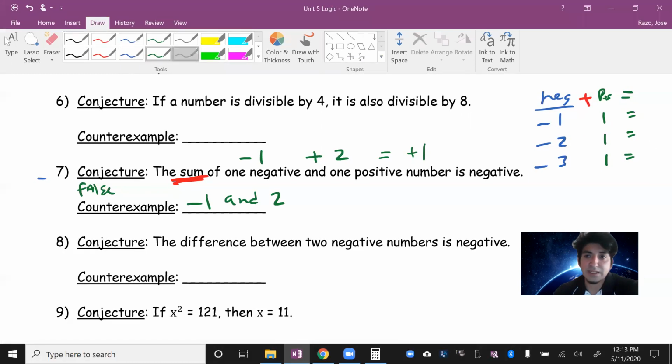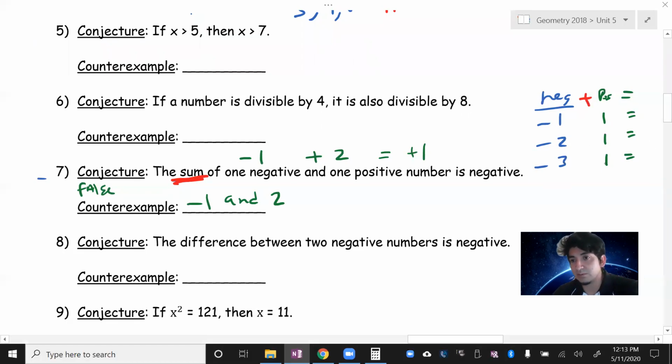So when I go ahead and combine them, -3 plus 1 becomes a -2. That makes my statement true. -2 plus 1 gives you a -1. That makes my statement true. And so -1 plus 1 gives you a 0.